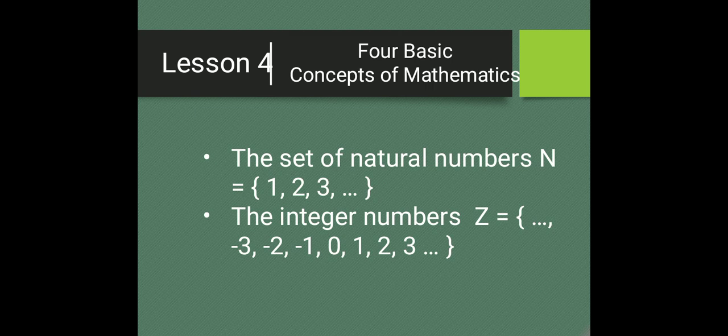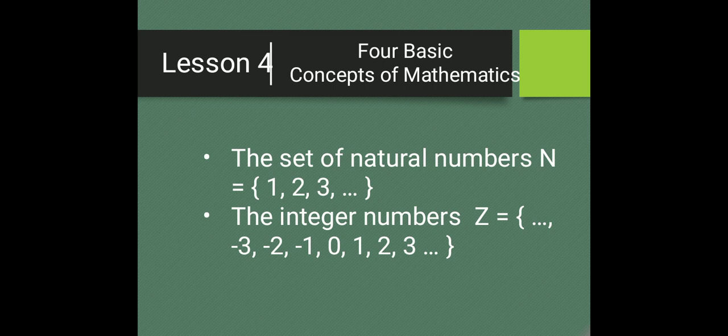So, kailangan naka-capital talaga si N to represent natural numbers. So, N is equal to, so gagamit tayo ng mga braces in putting the elements of the set. So, yung mga numbers ng natural numbers is itong 1, 2, 3 until infinity.